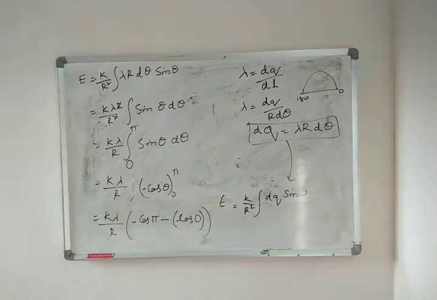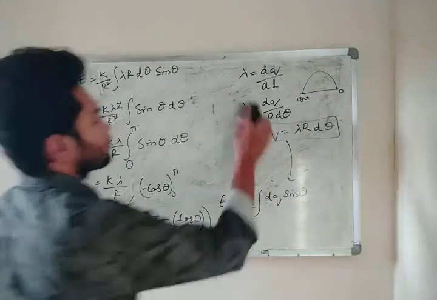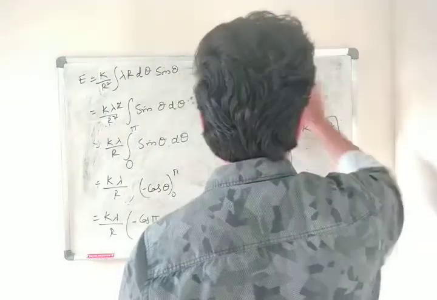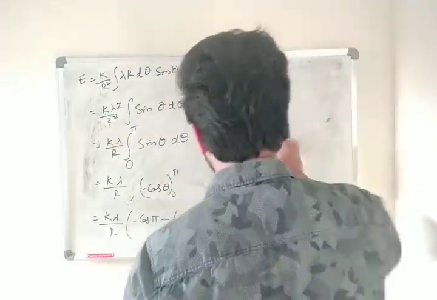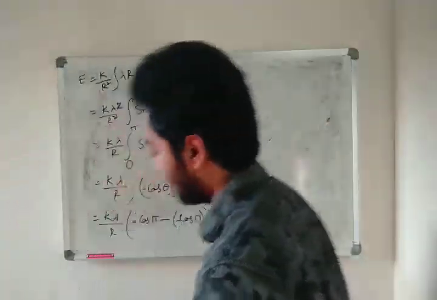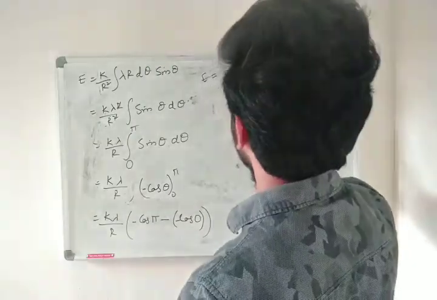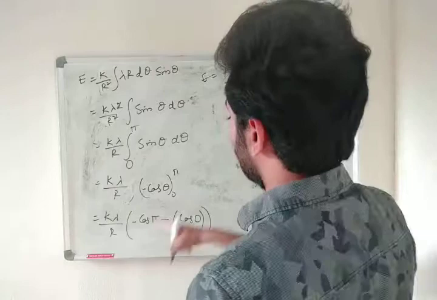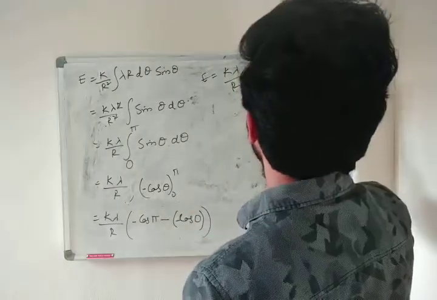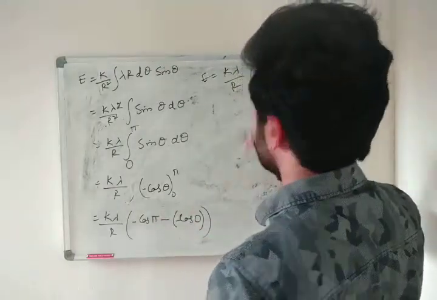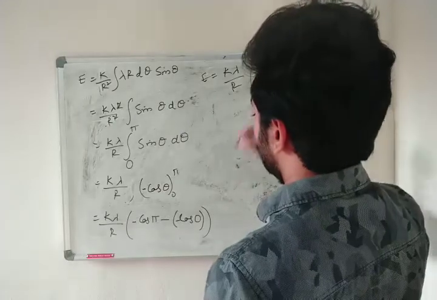So after you solve this, what do you get? What is cos pi? E is equal to k lambda by r into, cos pi is minus 1, minus of minus 1. Here it is plus 1. Again, minus cos 0 is minus 1, minus of minus 1.